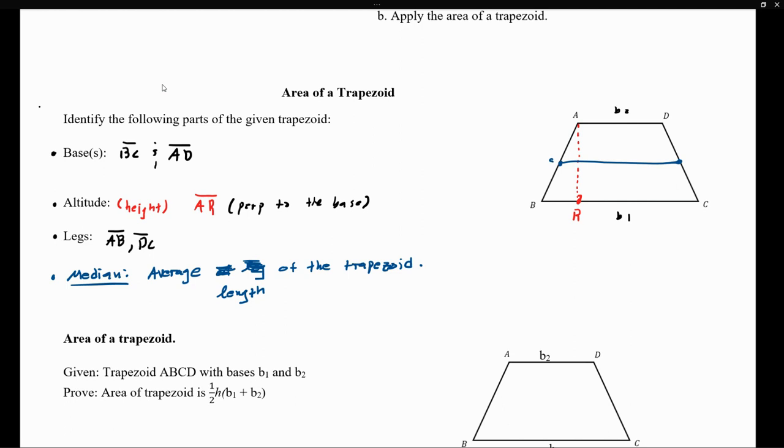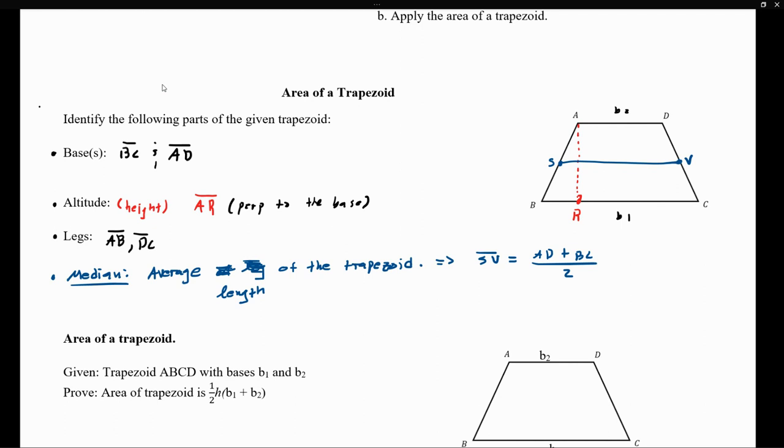Let's call this point S, and let's call this point B. Well, in this figure, the median, which is the average length of the trapezoid, we get by taking the upper base, which is AD, adding the lower base, which is BC, and dividing by 2. So this line that we have here, defined as SB, is what we call the median.